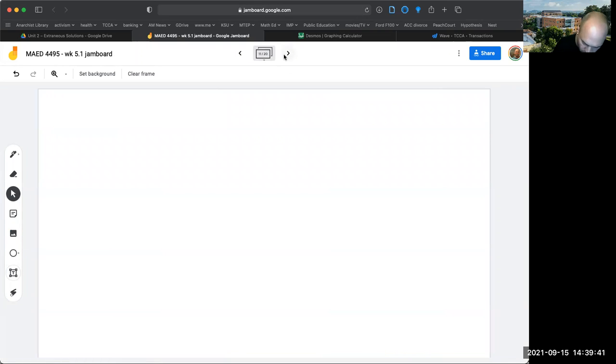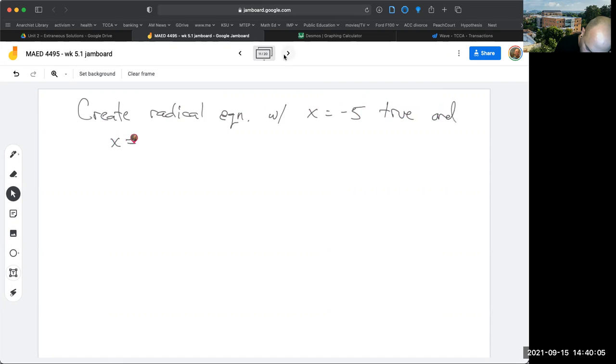I'm going to follow their second method. So in that article, I'm going to follow the second method, and more or less what it said. So I'll go ahead and write the task here. Create a radical equation with x equals -5 true and x equals -1, x equals 4 as extraneous solutions.